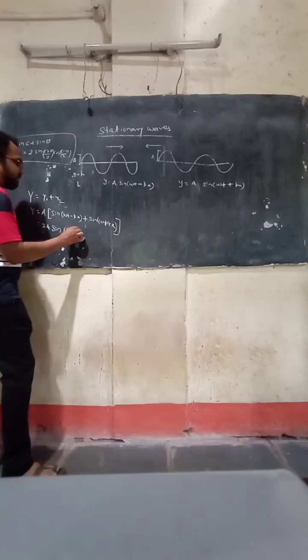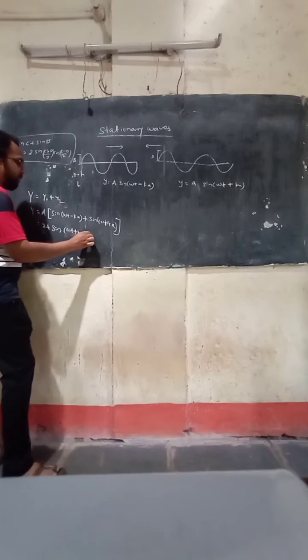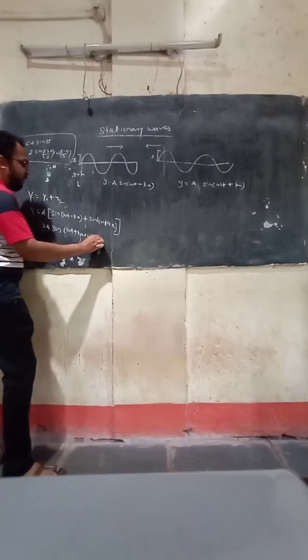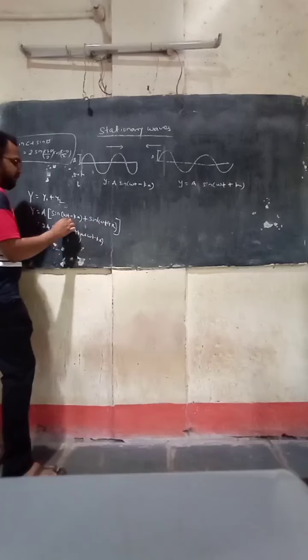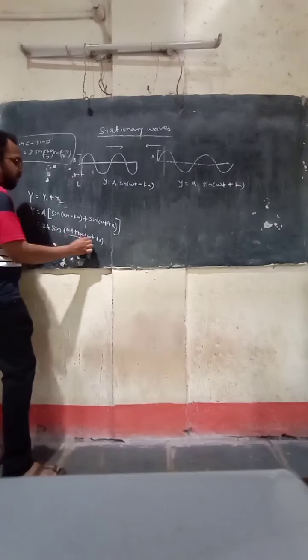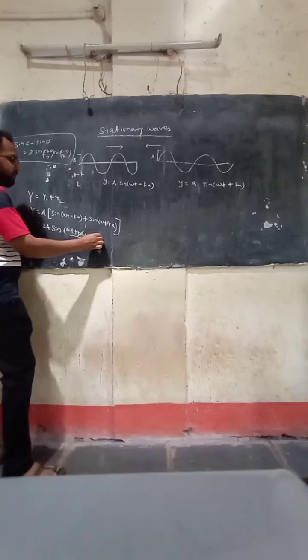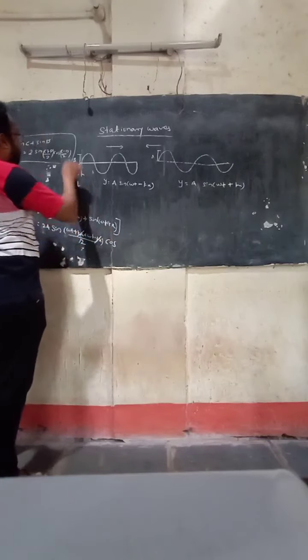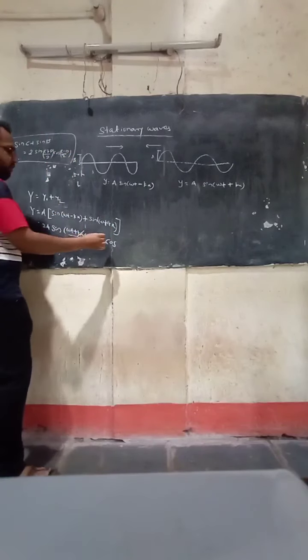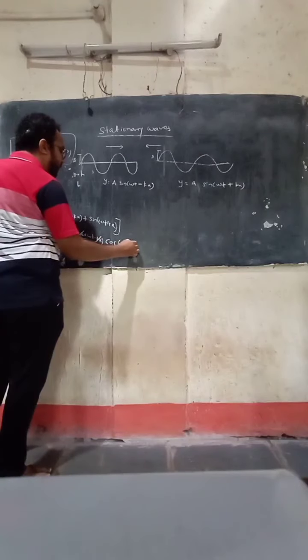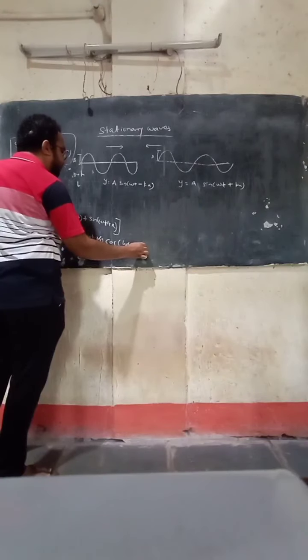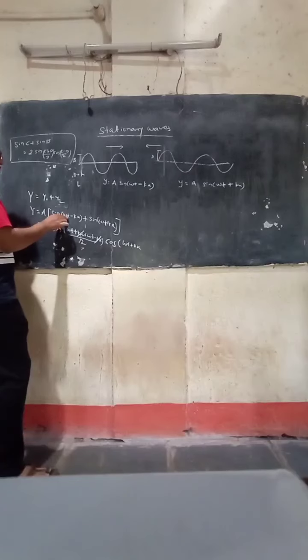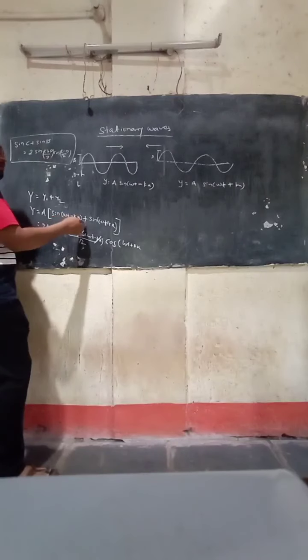Omega t plus kx plus omega t minus kx, the addition of the angles, C plus D upon 2; kx minus kx cancel. Then cos of C minus D: omega t plus kx minus, minus of omega t minus kx. When the negative sign enters the bracket, the positive term becomes negative and the negative term becomes positive. So it becomes minus omega t plus kx.